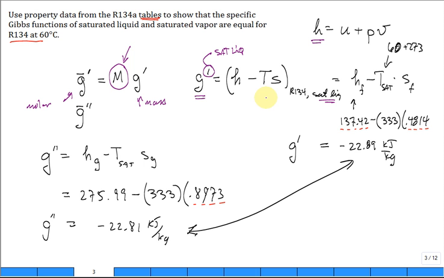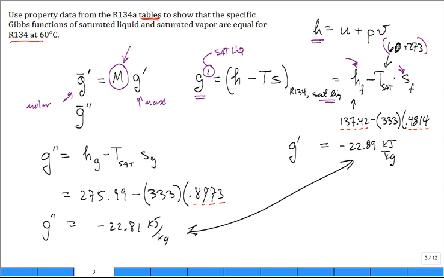So we go to the table, we get the enthalpy, saturated liquid, that's hf at 60 degrees C. The saturation temperature, make sure and put it into absolute Kelvin. Don't want to put 60 there, 60 plus 273. And then sf, plug numbers out of the tables, chug, you get a number.